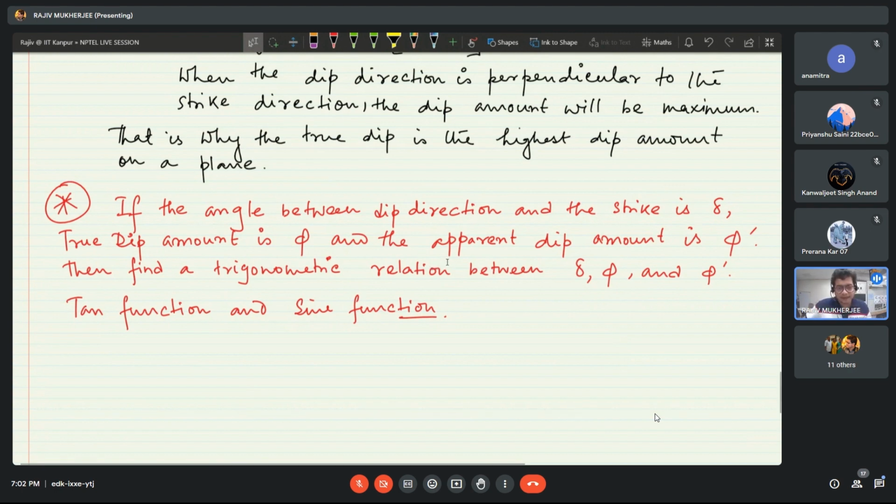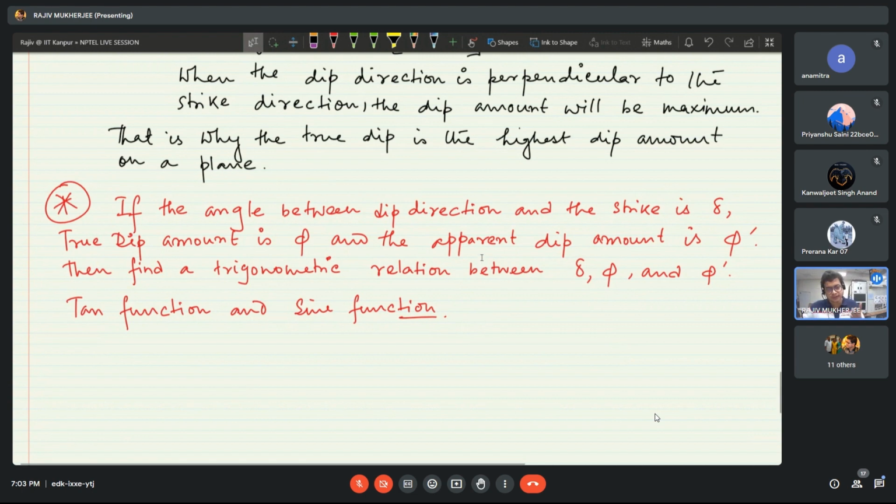Why I'm telling you this is because if anyone here aspires to crack GATE or JAM or any other competitive examination, they pretty often introduce these kinds of mathematical questions in the numerical answer type section in both the GATE and JAM examination for geology, as well as other competitive examinations like the GSI entrance examination and others.